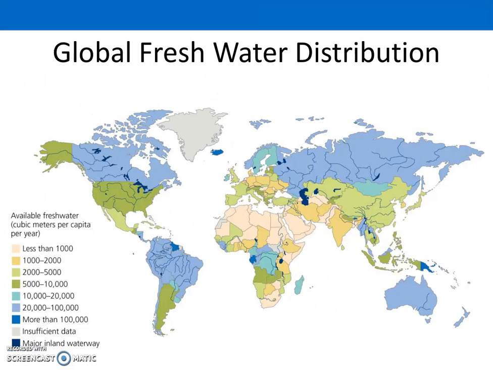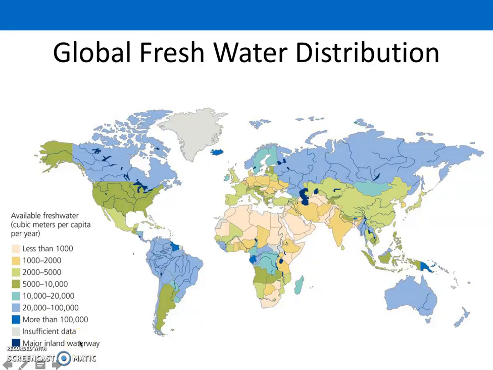Added to that, I'm basically just outlining why there are water issues across the globe. Fresh water is not evenly distributed across the globe, and it's not even evenly distributed with population sizes. This is showing us, in the blues, where we have the most water per capita.